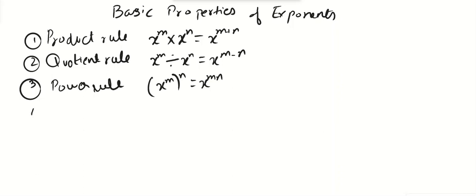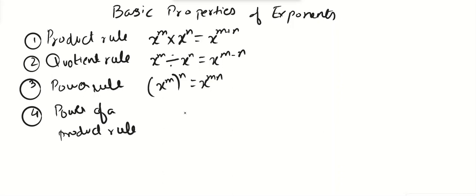Now the fourth property that we are going to discuss is the power of a product rule. As its name suggests, if we have two numbers, for example x and y, multiplied in brackets, and the bracket is raised to power m, then each of these bases will be raised to power m.